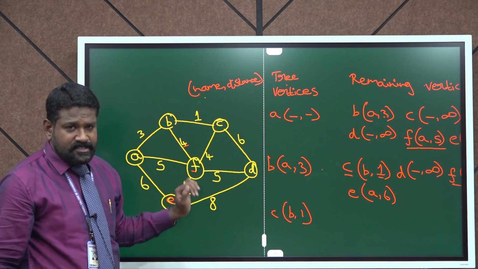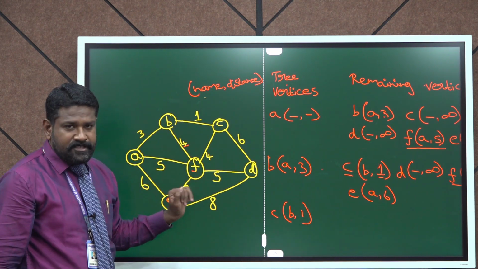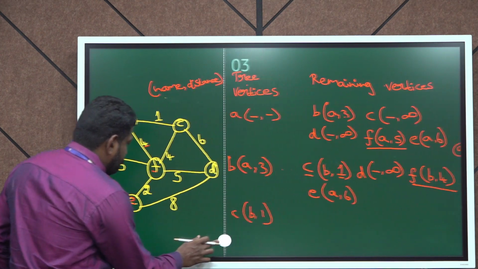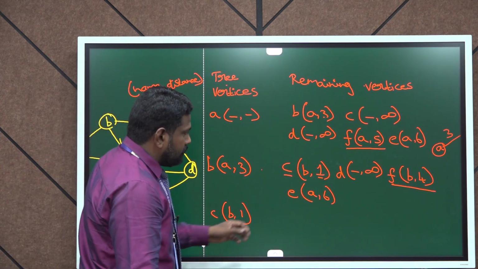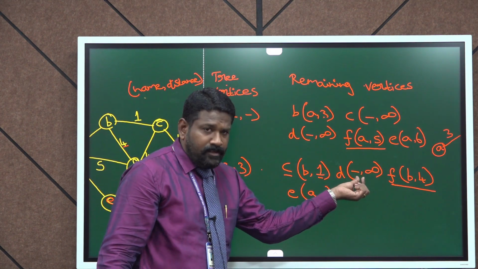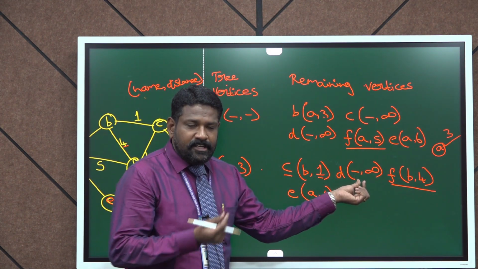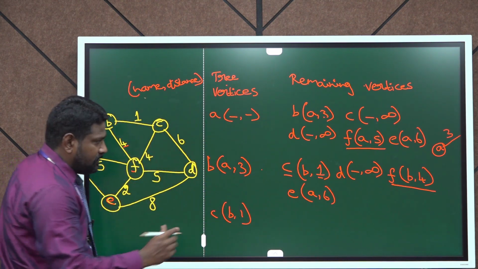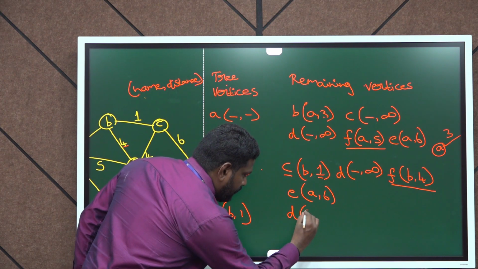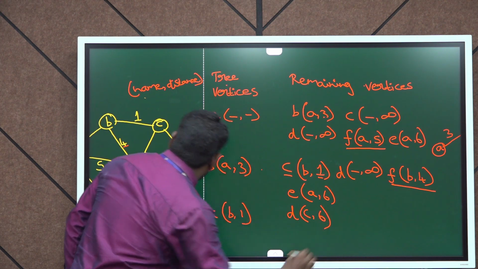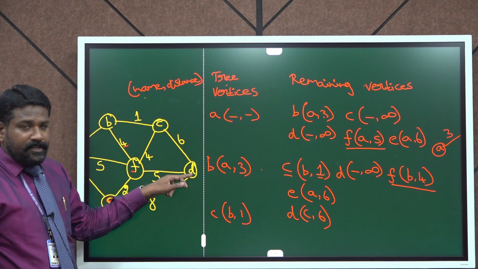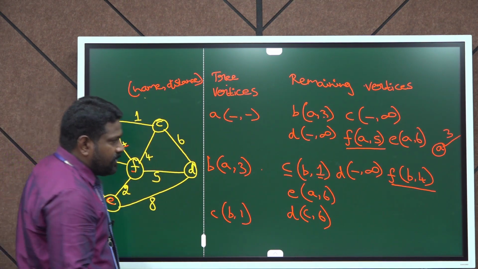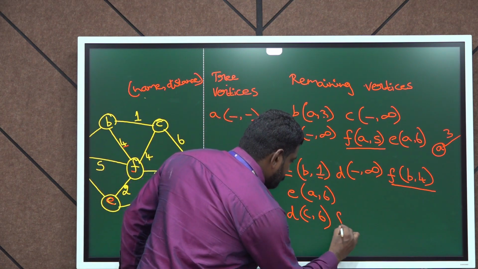We have 3 adjacent vertices, and B and F are already visited. So we are going to compare with D alone. Up to now we do not have a direct edge from A and B to D, but from C we have an edge. So for D it is going to be C of C comma 6. For D we have an edge from C, and the weight value is 6.